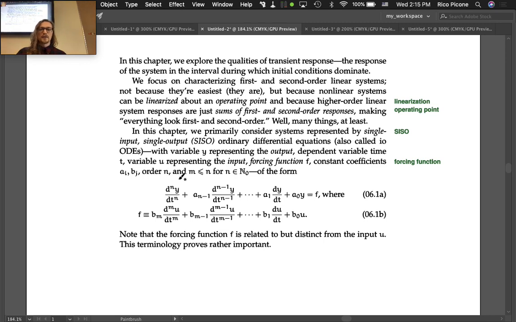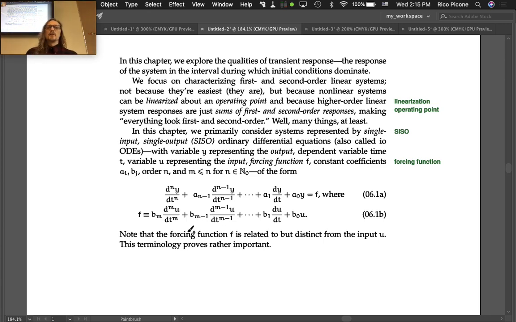And we have the differential equation in 6.1a, which has the time derivatives of the output, y, on the left-hand side, different derivatives of y and also scalings thereof, summed together. And the right-hand side is the forcing function f, which is described on the next line as being the sum of a bunch of derivatives of the input.